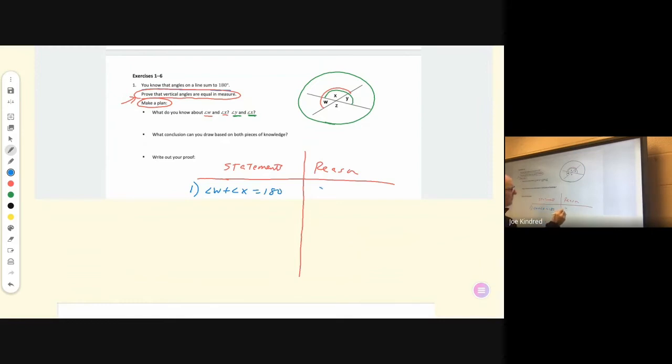And the reason? I'm going to abbreviate, supplementary angles equal 180. Number two, angle Y plus angle X is equal to 180. And again, the reason is supplementary angles.